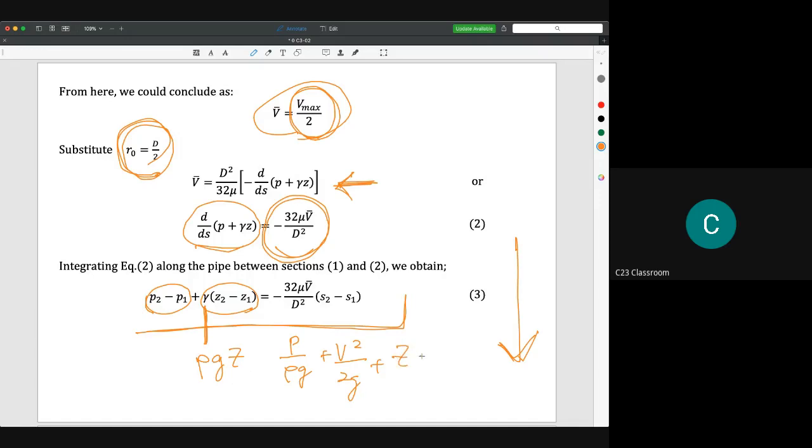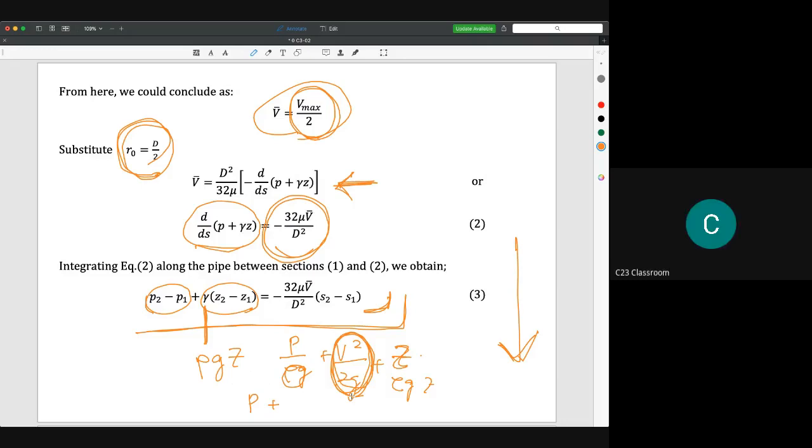Some textbooks use the terms with rho g here, meaning you multiply all these terms by rho g. So you will have P plus V term, and the Z here will become rho g Z. So that is what we have here, and this term will become the velocity head, the velocity difference here.